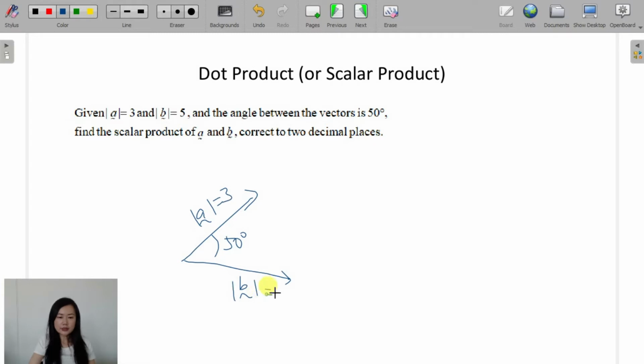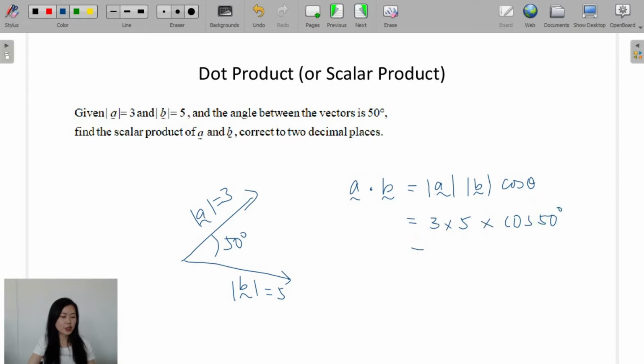This guy is 5 in length. So using the dot product formula, 3 times 5 times cos 50. That's pretty much it. A very self-explanatory formula. So you should get 9.64 on that one.